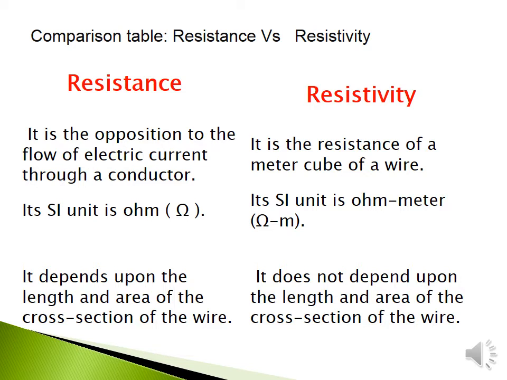Unit for resistance is simply ohm, but in case of resistivity, it is ohm meter. Resistance depends upon the length and area of cross section of the wire. Resistivity does not depend upon the length and area of cross section of the wire. That's the big difference.